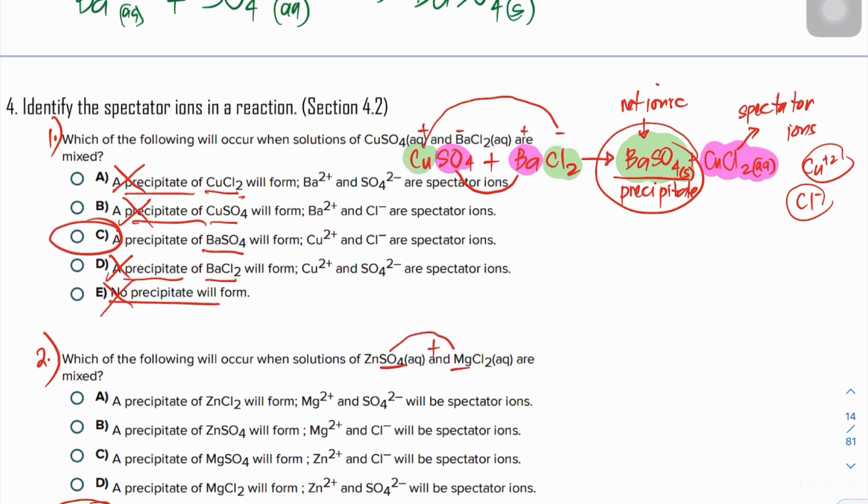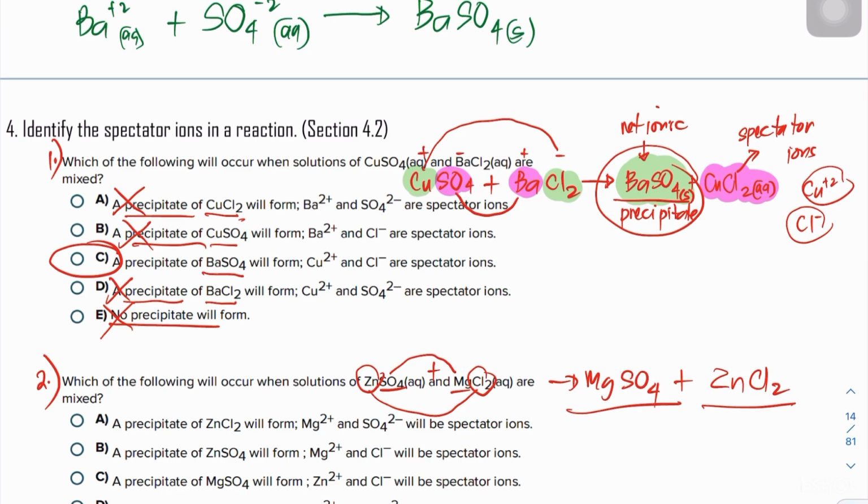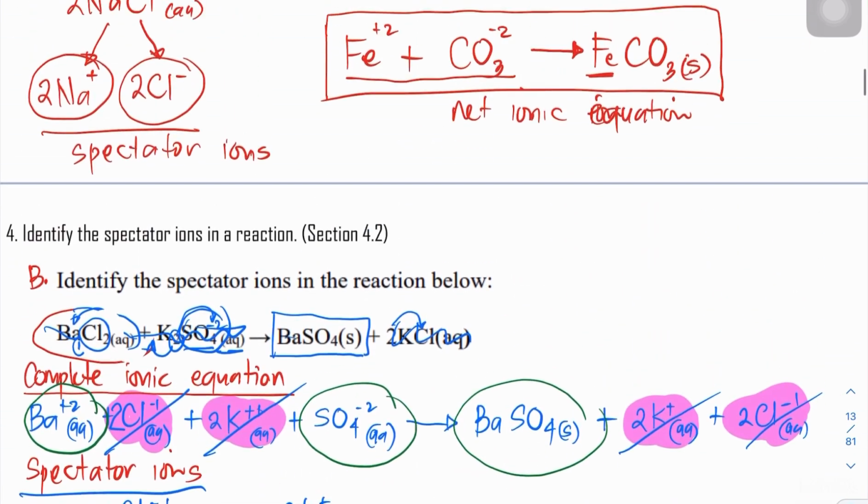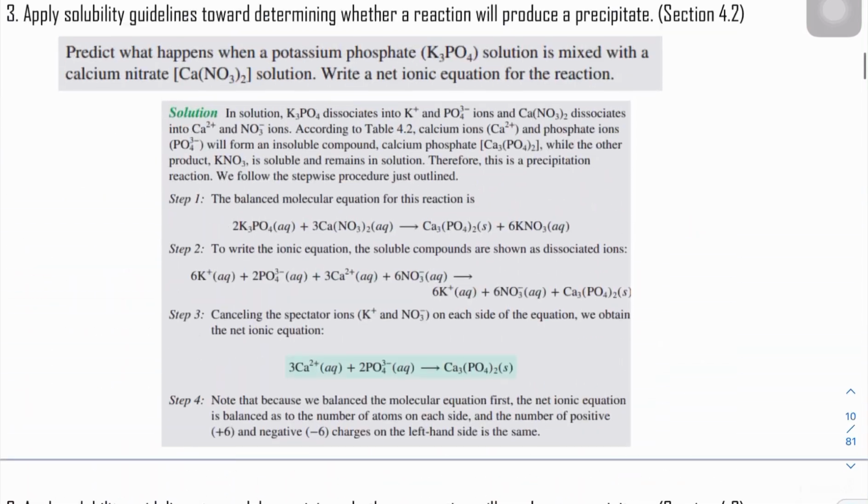So inner, so it will produce what? MgSO4, and then outer, this is ZnCl2, so that will be plus zinc chloride. So MgSO4, is it a precipitate, or is it solid or insoluble? Or ZnCl2, is it a precipitate, or solid, or aqueous? So let's go back to the solubility rules.